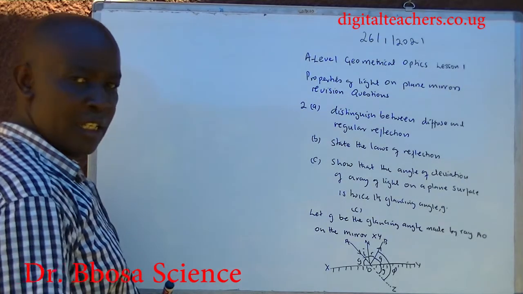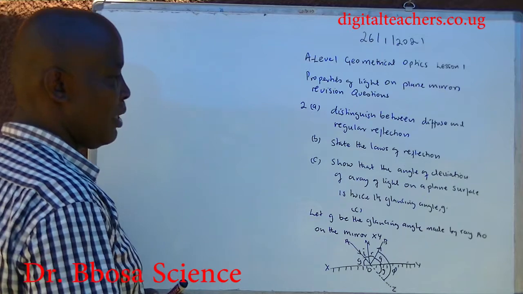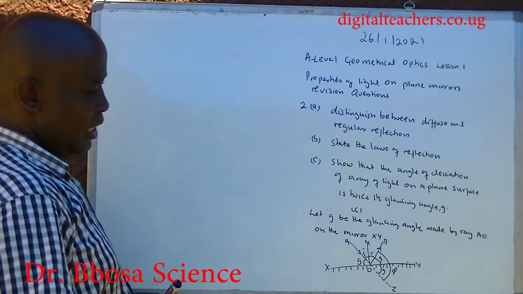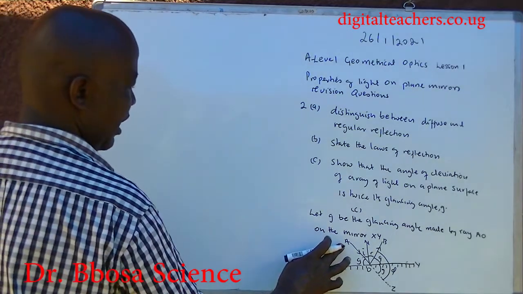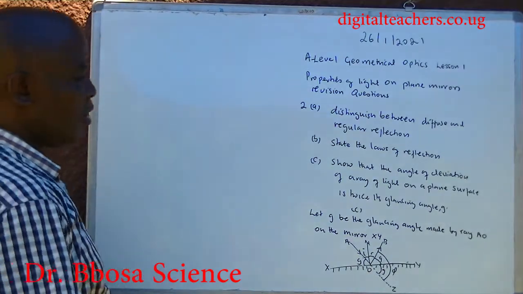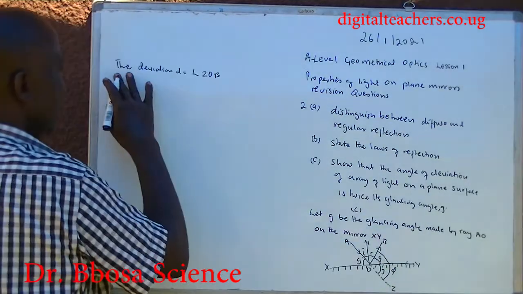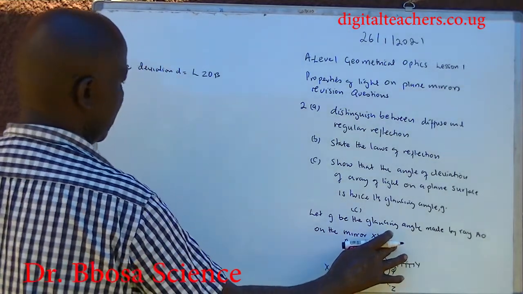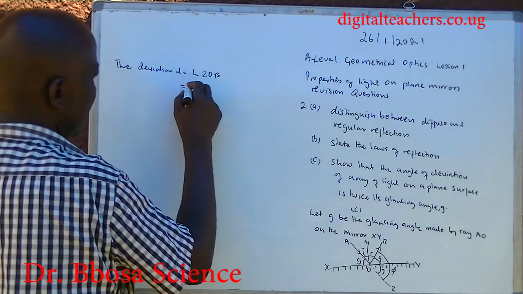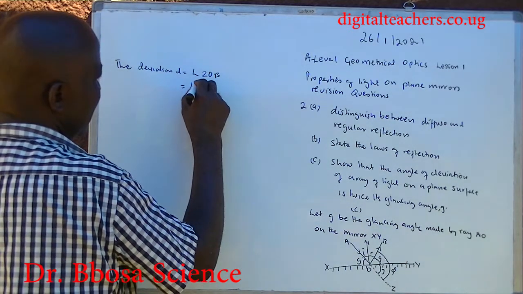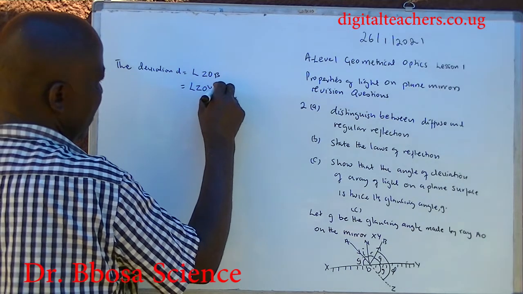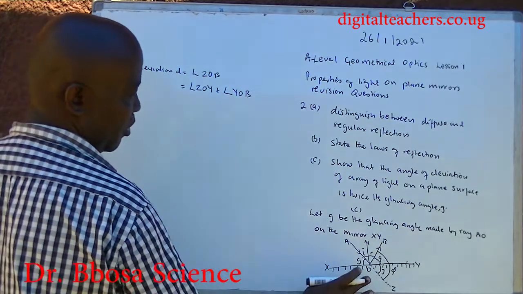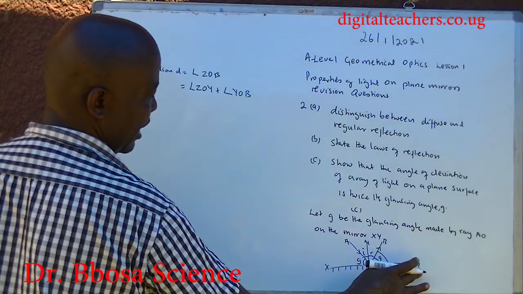C. Let G be the glancing angle made by a ray AO on the plane mirror XY. The ray AO is reflected along OB. The deviation D is equal to angle ZOB, which is equal to angle ZOY plus angle YOB.